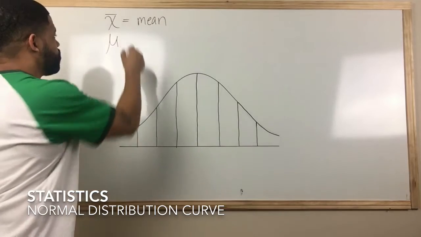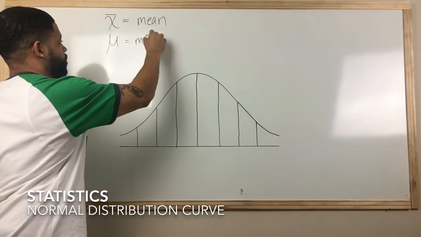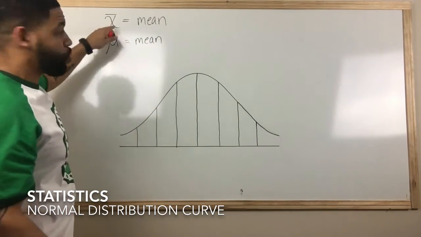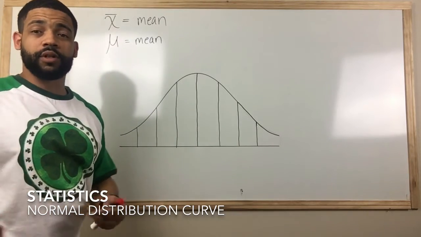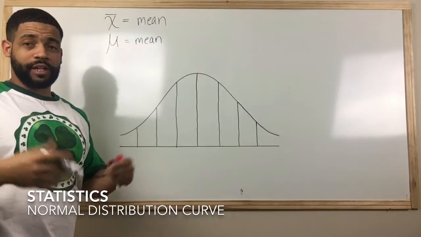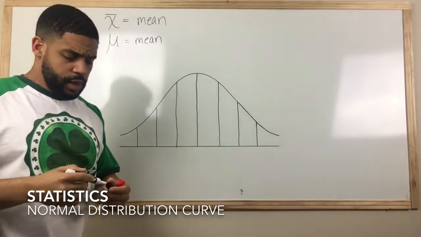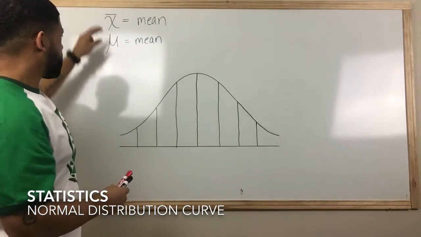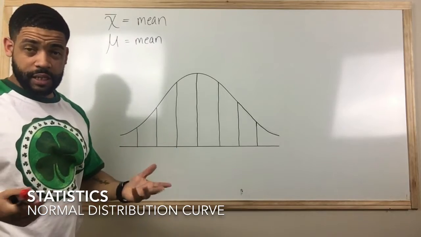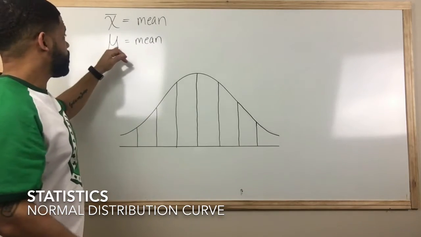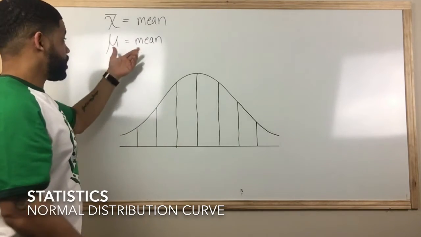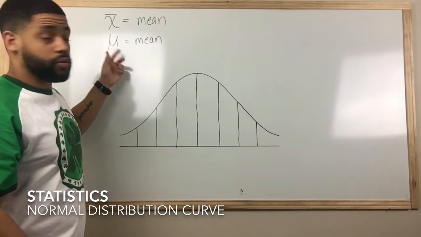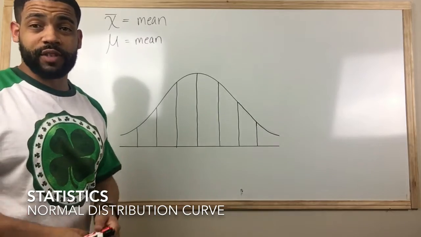So mu is the mean, and X bar is also the mean. And you'll see it either way based upon the level of mathematics that you're actually taking a course in. For the lower levels, most likely you'll see X bar, which means the mean or average. And then for the higher levels, maybe high school and collegiate level, you'll see the Greek symbol mu to represent the mean or the average of the data set.